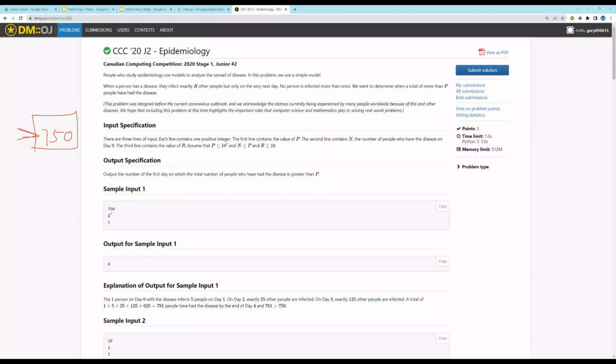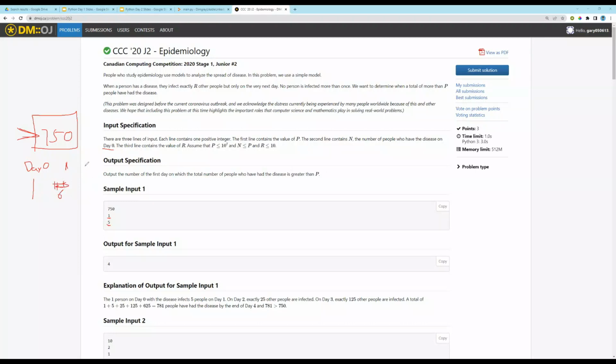So if we start with one person, this is on day 0. On day 1, we have the value R, which means he will infect at least 5 other people. So that will be 1 plus 5, because the one person's already infected and then the 5 people will also be infected.